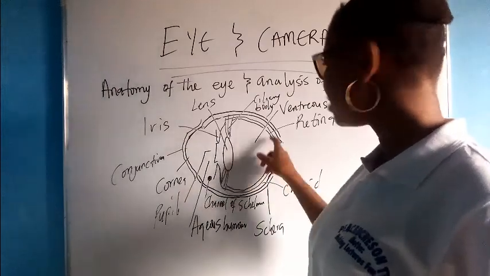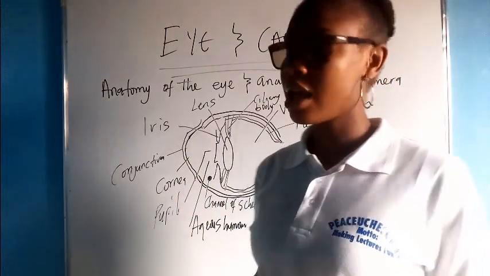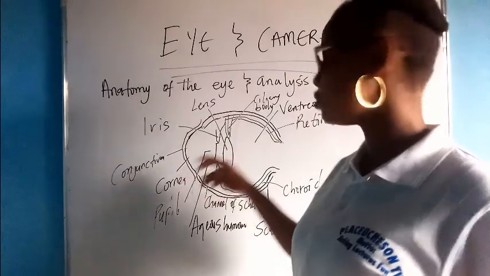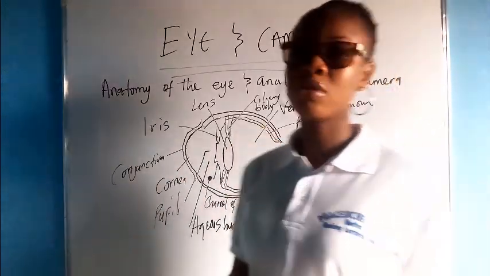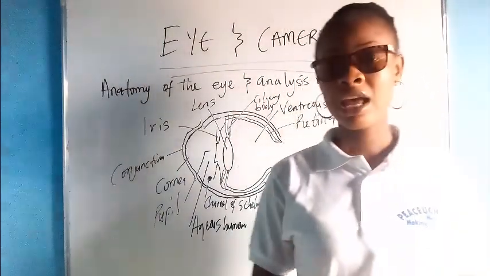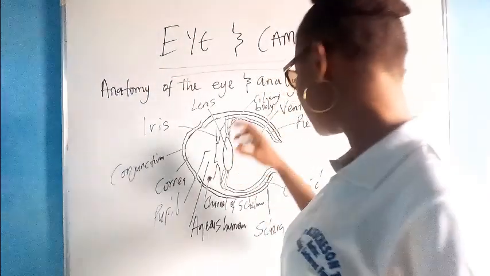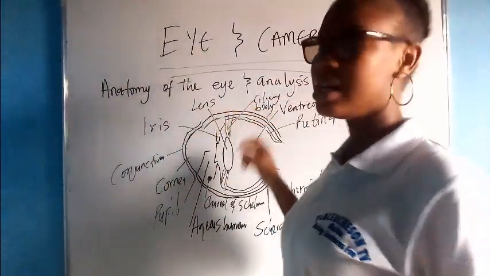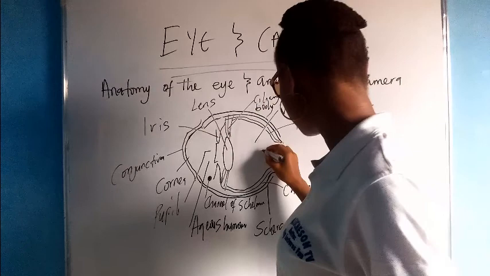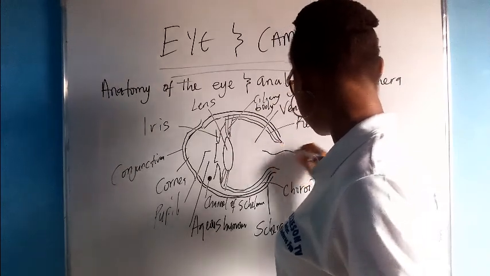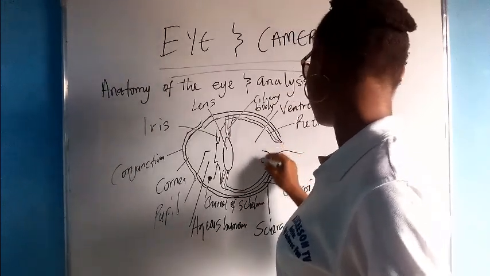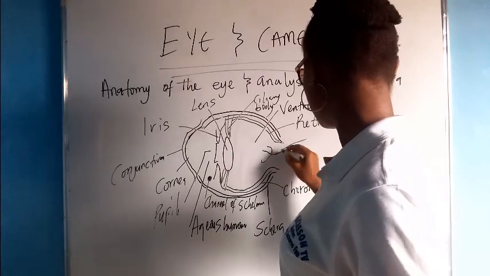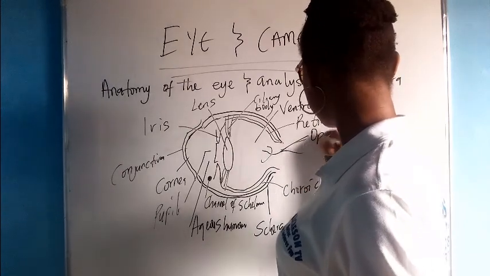Okay, so the retina, I said, is the innermost part of the eye that is sensitive to light, where images are formed. It contains photoreceptors. It also changes light rays to nerve impulses, which are transmitted by a nerve known as the optic nerve.